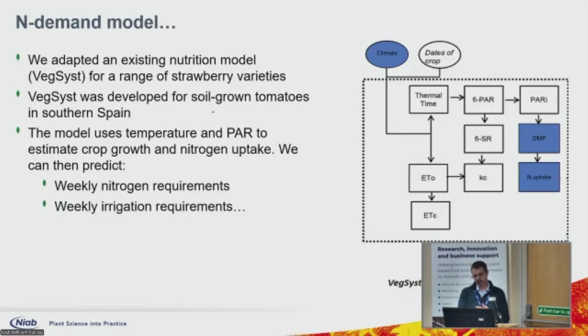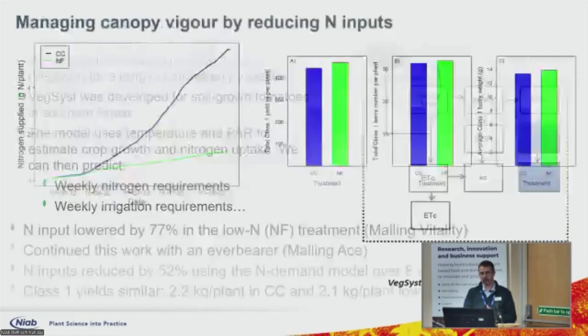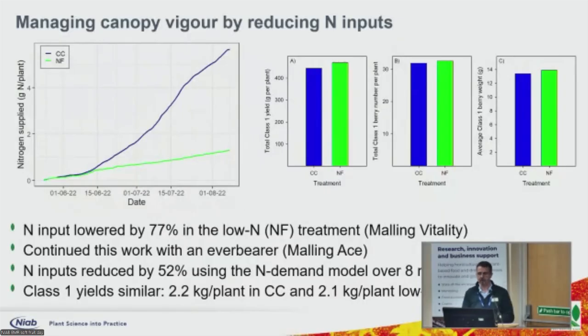By doing so, we can manipulate the weekly or fortnightly nitrogen inputs as well as the irrigation inputs. This is some early work we did with Marling Vitality. The graph on the left shows the different nitrogen supplied per plant. The blue line is the commercial control, a commercial standard fertigation formulation that the agronomy team at Berry Gardens provided for us at the time.